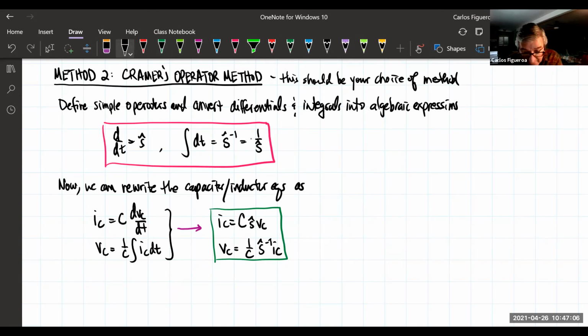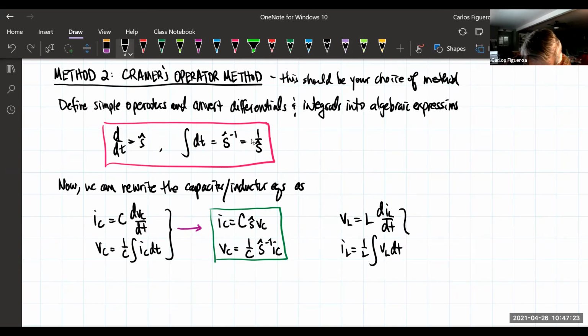Now, for the inductor, I have VL is L di/dt, or I could take the integral of this and I get this here.